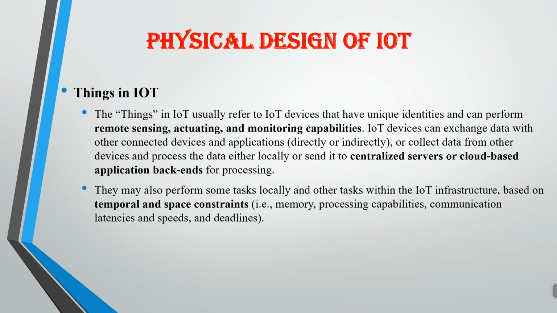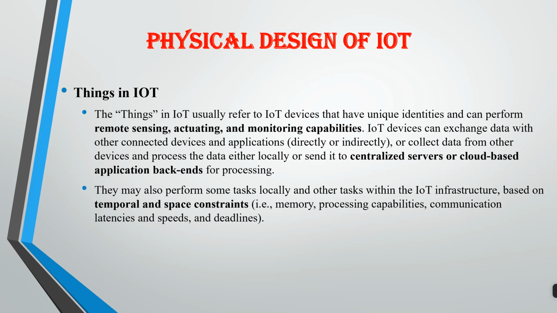So I need the help of a centralized server which gets the data from my car and passes it to a cloud-based application, and then through the cloud I will be able to get the information on my mobile phone, so I can take any decisions later. See, in this case the data is indirectly connected, not directly connected. It takes the help of the centralized server. Cloud-based applications are required for processing the data. So it's a complicated architecture.